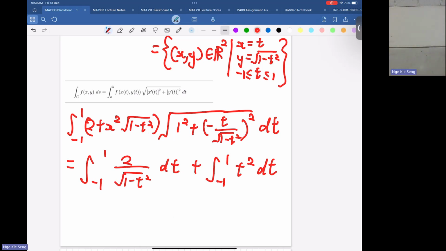square root, and then you combine. You make 1 into the denominator of the square root, no square, normal square root. So 1 minus t squared. And then you take the square root. Right or not?